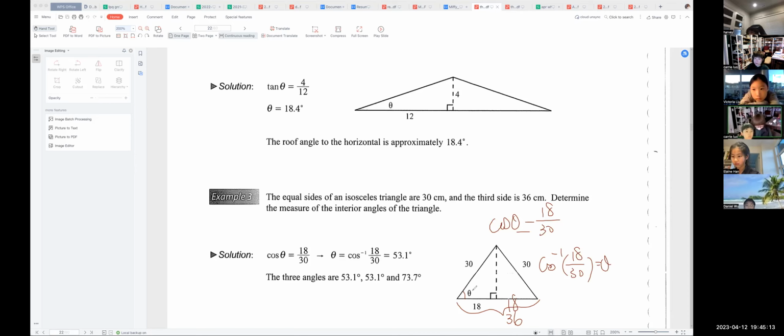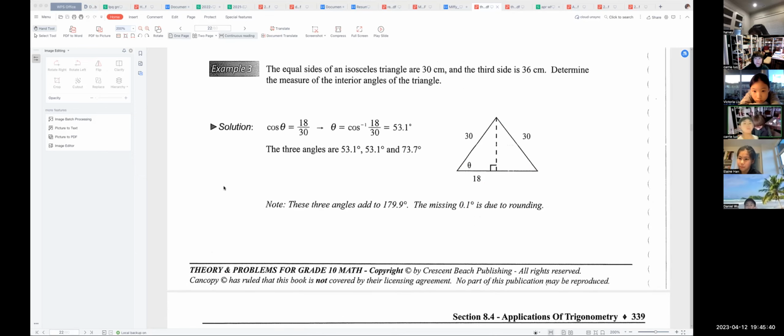Because this one equals 53.1, so this is 53.1, and this one will be 180 minus 53.1 minus 53.1. Which I believe 他是不是算错了？Yeah. Okay. Oh, because it's 53.130. Okay, get it.